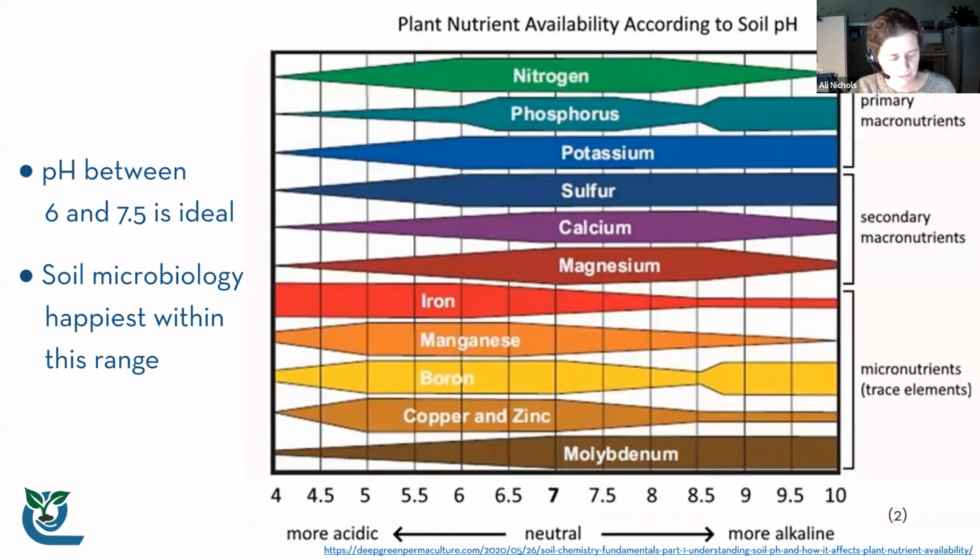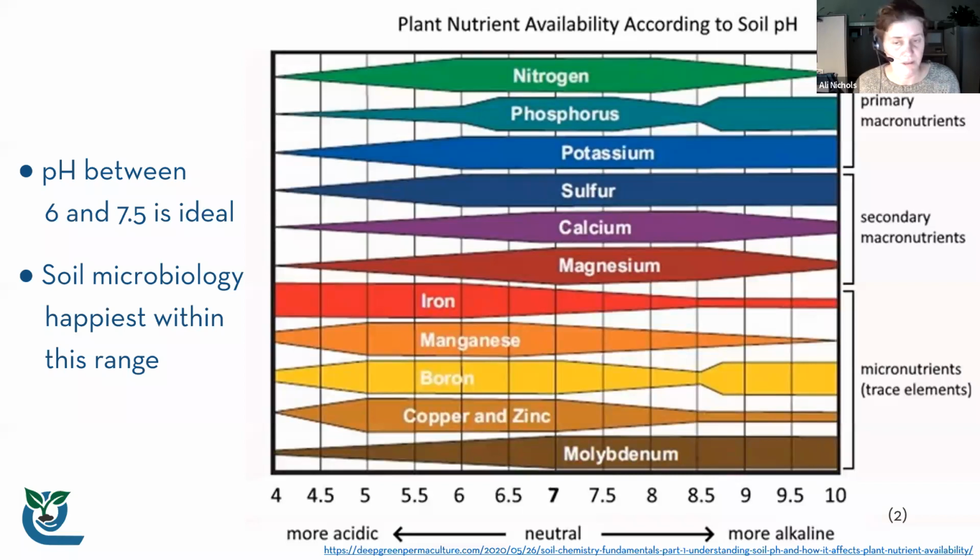Cool. And while we aren't going to get into the weeds too much on liming soils, this is a good point to remind ourselves that nutrient availability is tied to the pH of the soil. Generally, vegetable crops perform best between a pH of 6 and 7.5.